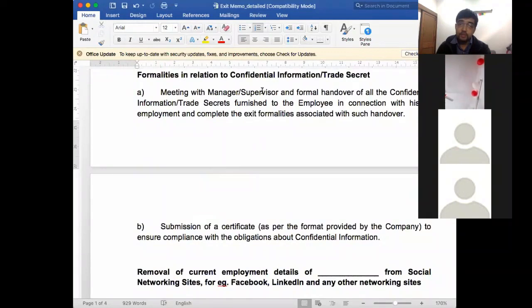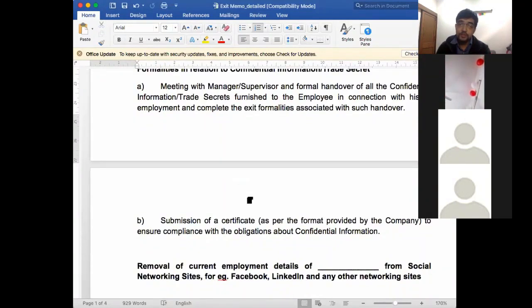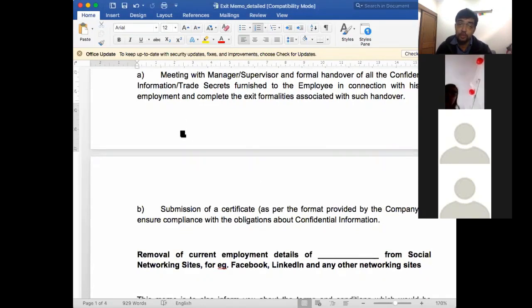Then there will be formalities in relation to confidential information or trade secrets. The process will depend on every organization and the industry sector. Now look at this: meeting with supervisor or manager and formal handover of all confidential information in connection with his or her employment, and complete the exit formalities associated with such handover.